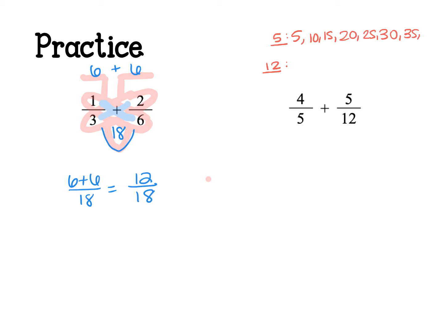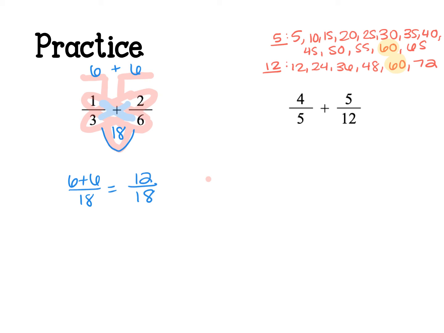So I'm going to list the multiples until I get something that they have in common. So in this problem, the least common multiple is 60, which is the same thing you would have gotten if you used the butterfly or the opposite denominator method.